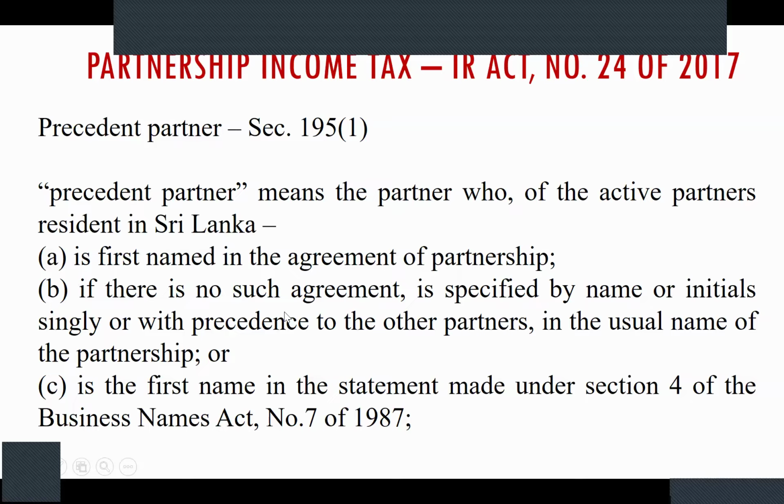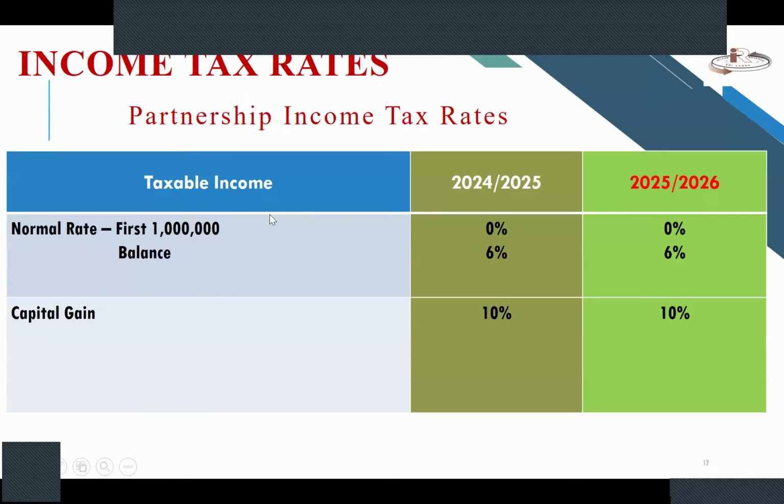If there is no such agreement, is specified by name or initials, singly or with precedence with the other partners, in the usual name of the partnership, or is the first name in the statement made under section 4 of the Business Names Act. So this kind of partner will be considered as a precedent partner. So it is very important. That is why we have separately mentioned that partner.